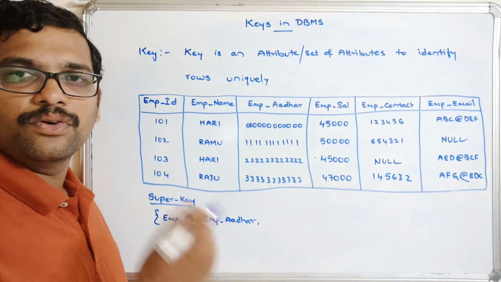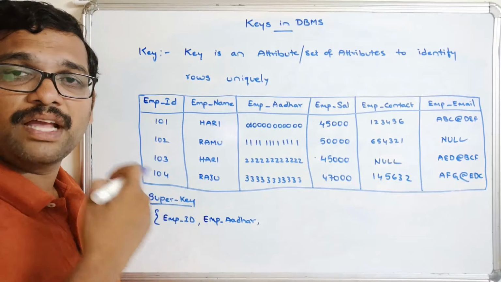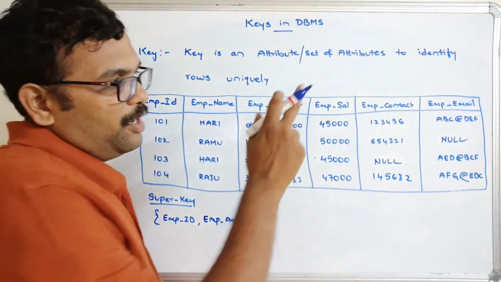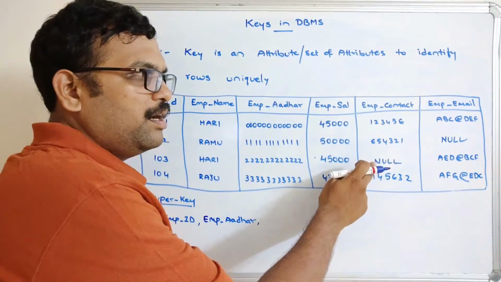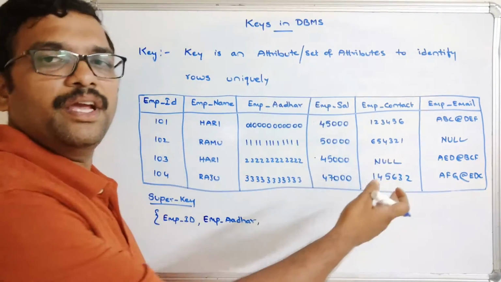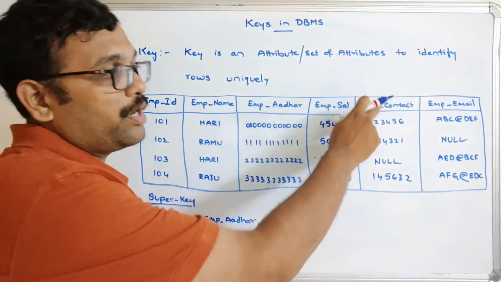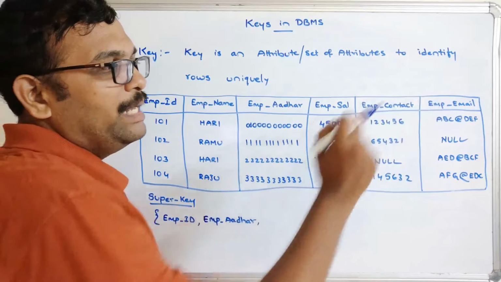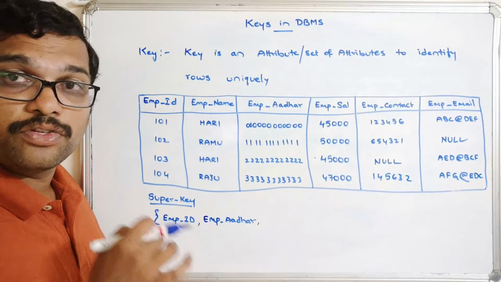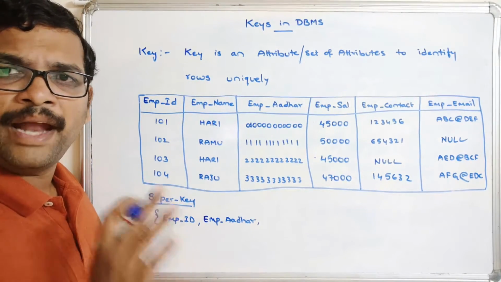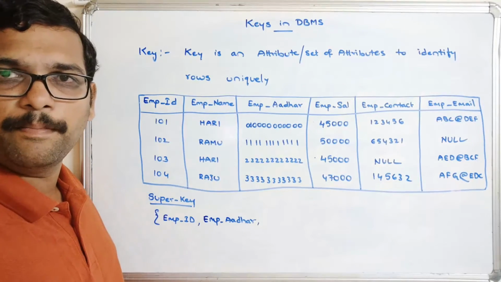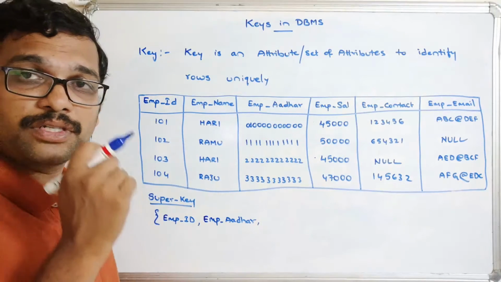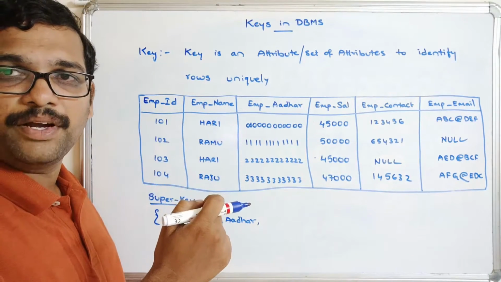Practically it's not possible, because nowadays everyone will have a phone number, but it might be entered in the table, or it might not be entered in the table. So based upon the employee contact also, we can't get the details of an employee. Coming to the employee email, the same thing. Email is also unique, but it's not mandatory that every person should have an email. So we can't consider employee email singly to identify the complete rows.